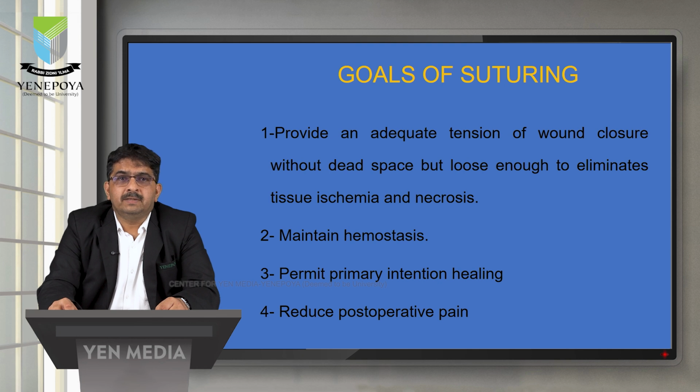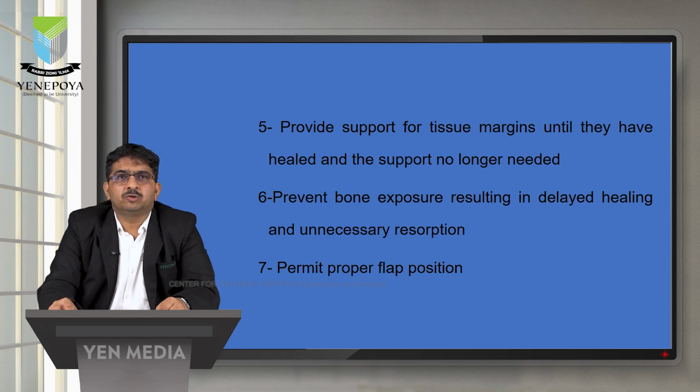More importantly, it permits primary intention healing and reduces post-operative pain. It also should provide support for tissue margins until they have healed and prevent bone exposure so that delayed healing or unnecessary resorption of the bone does not take place, and permit proper flap positioning.